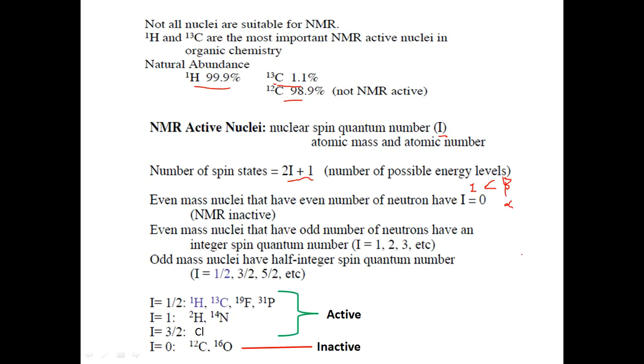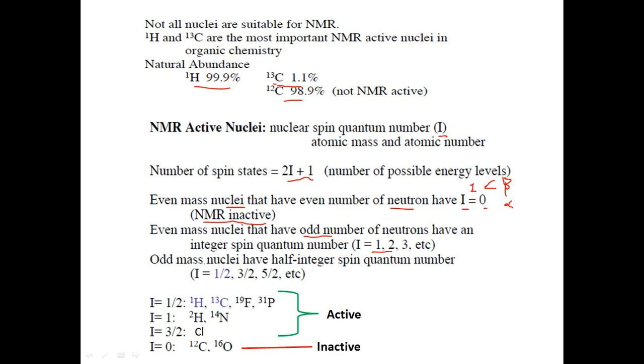A nucleus with an even number of neutrons and an even number of protons, that is having an even mass, has a spin quantum number of 0. Such nuclei are NMR inactive. Nuclei having even mass and an odd number of neutrons have integer spin values of I, that is 1, 2 and 3.